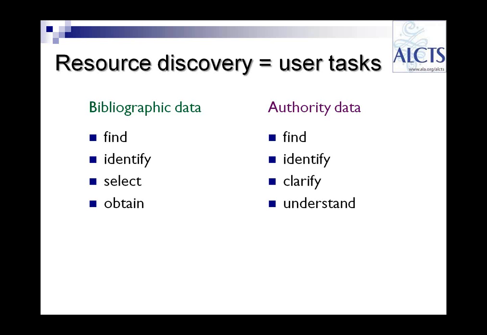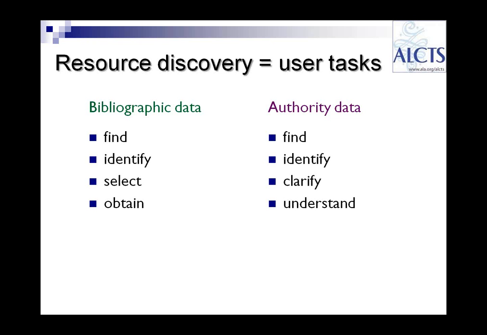But what happens with the user tasks is that it's made more specific, and so they act as a more precise reference point for measuring the importance of various pieces of bibliographic and authority data. The tasks themselves are totally recognizable. We know that our users do these tasks on a daily basis. So for example, with bibliographic data, our user comes to our online catalog, puts in a search term, pulls up a set of results. So they find a set of results.